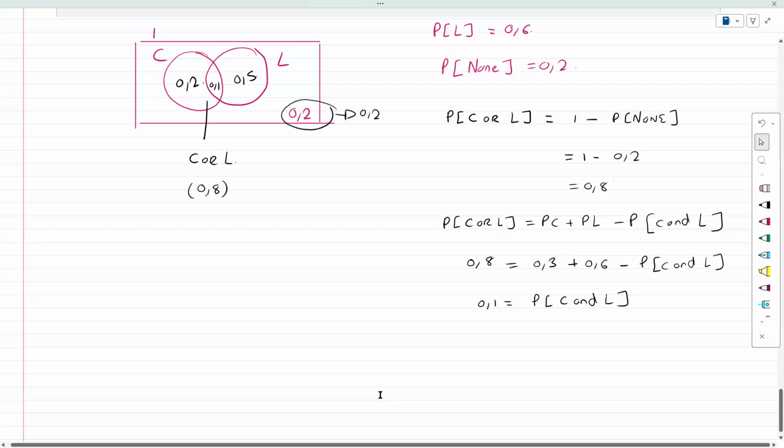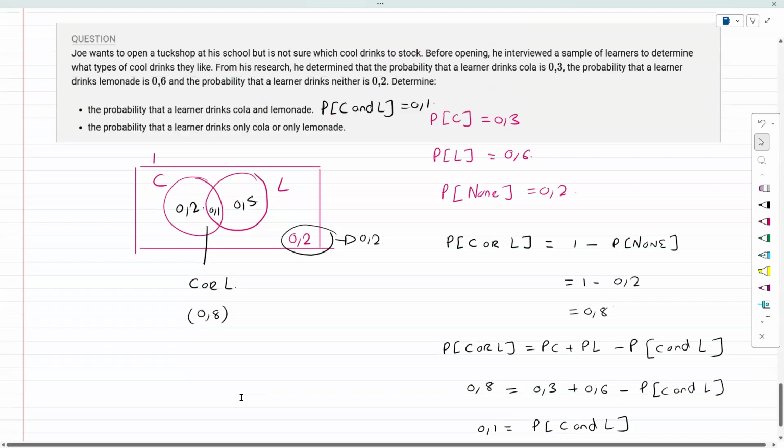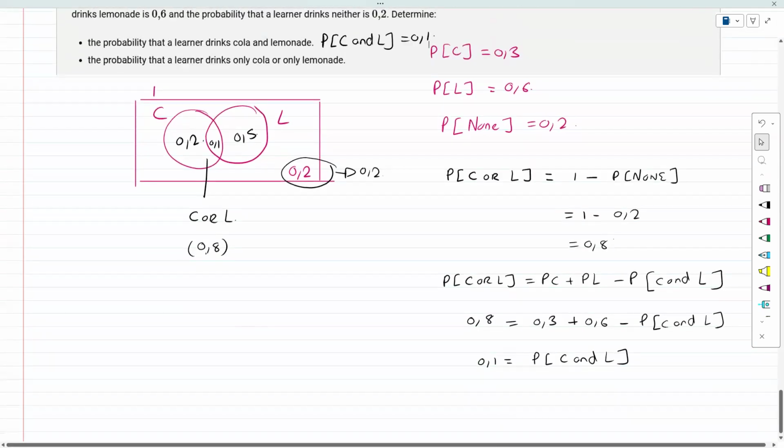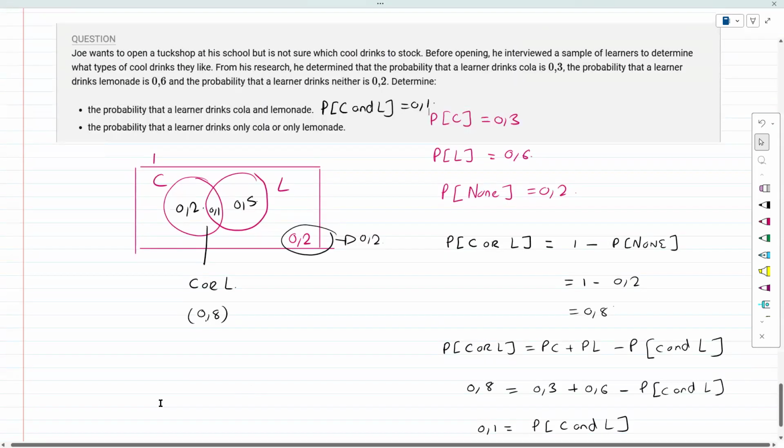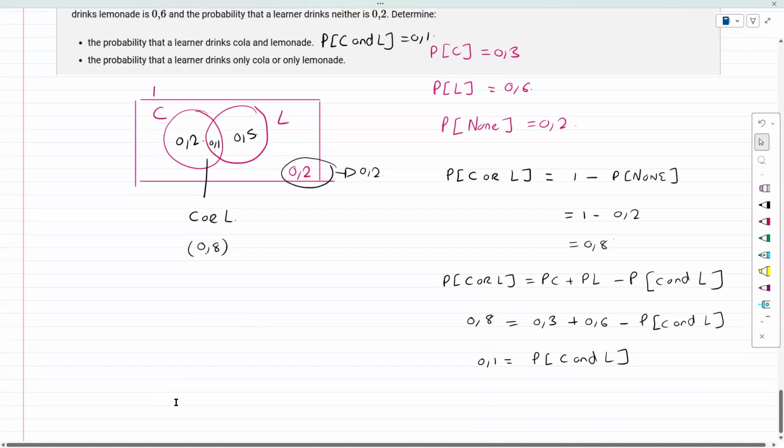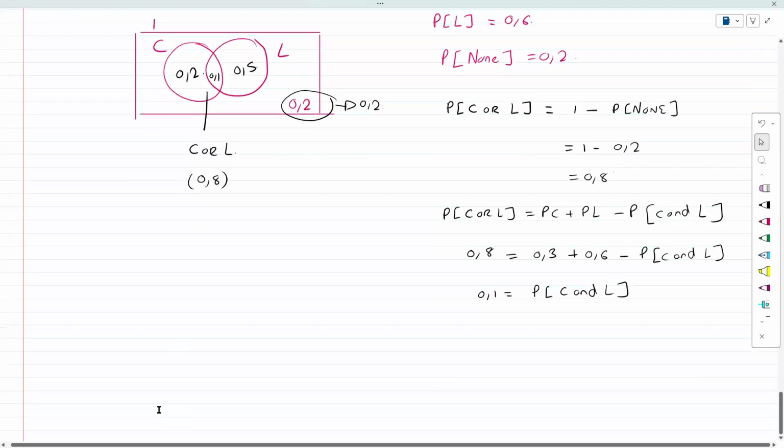Okay. The next question is the probability that a learner drinks only cola or only lemonade. Now, you and I worked this out. Only cola or only lemonade? Quite simple.